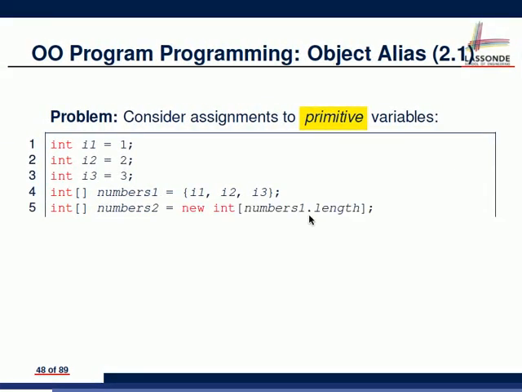What about numbers2? For numbers2, we're going to create a new integer array. What's going to be the size of the array? It's going to be the same size as numbers1. In the beginning, all the slots store the default value, which is 0.